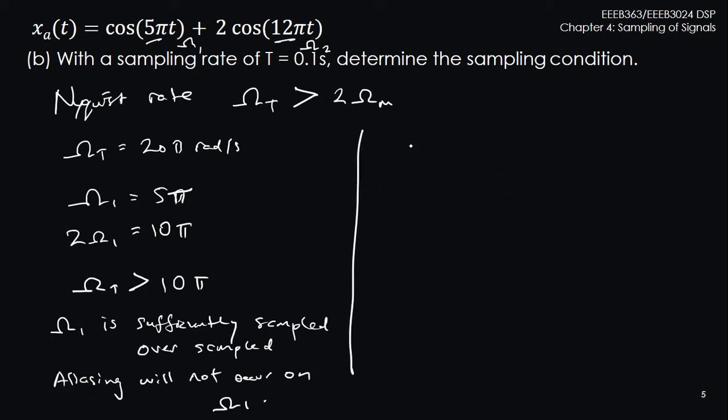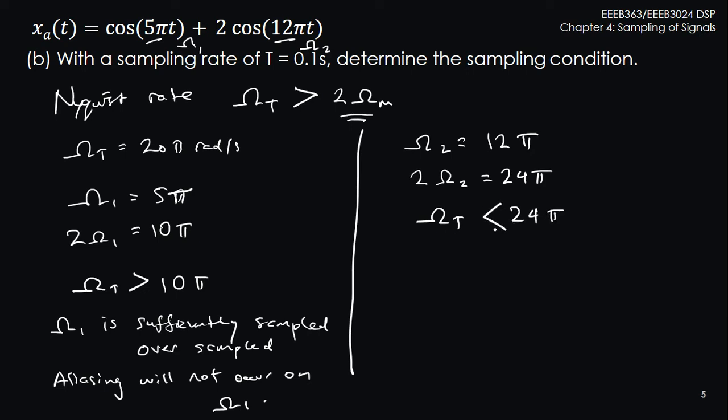Let's test again for omega 2. Omega 2 is 12 pi. As such, 2 omega 2, as what we're trying to test over here, is 24 pi. Thus, the Nyquist sampling rule would state that to test with 24 pi, omega t should be over, but unfortunately in this case, omega t is less than 24 pi.